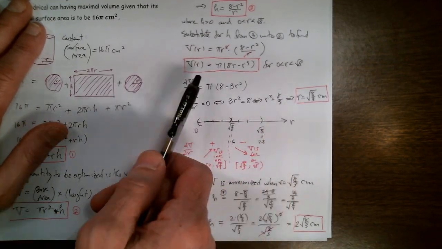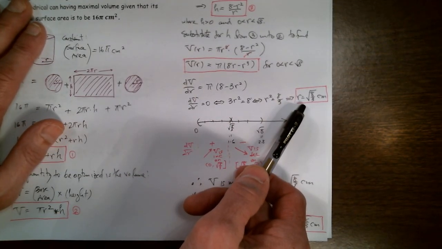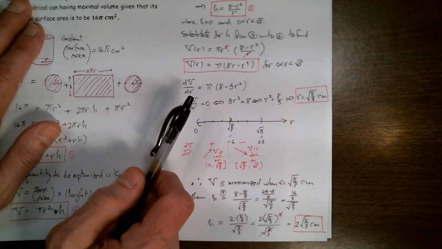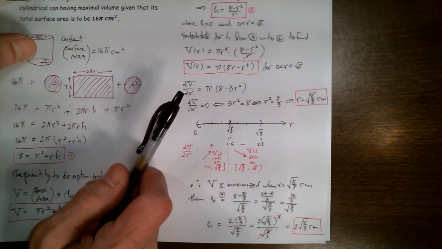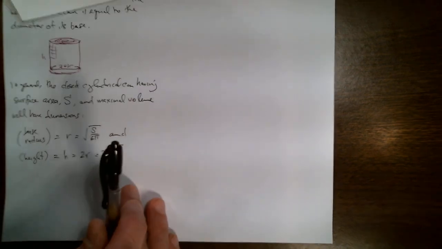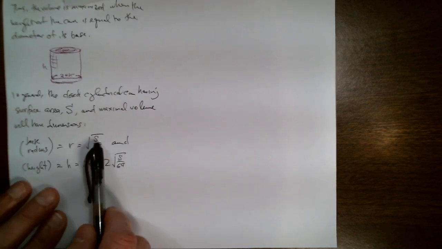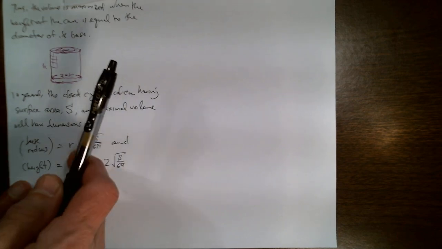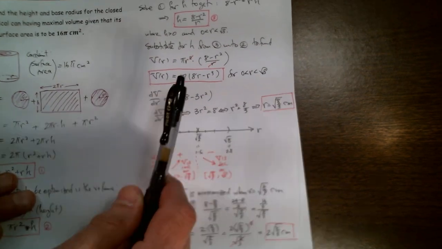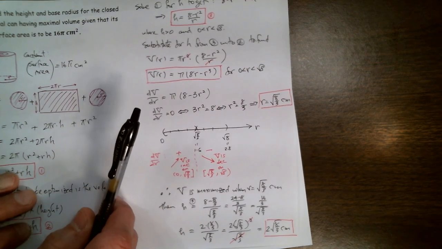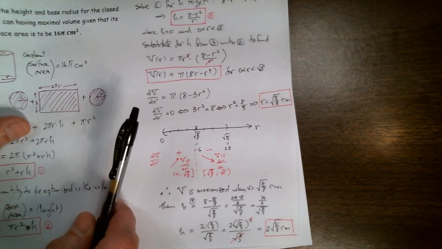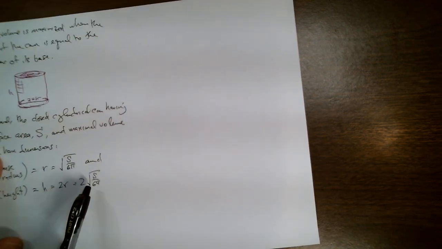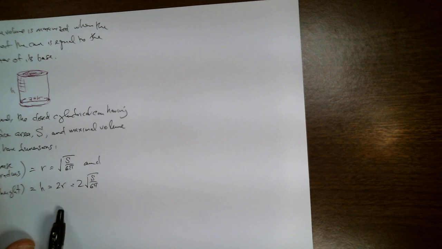Solving for the critical value for r, we'd have the square root of S over 2 pi divided by 3, which corresponds to the value we had here, the square root of S over 6 pi. Then using equation 3 to solve for h once we know our r, we'll find that, in general, the height is always twice r.